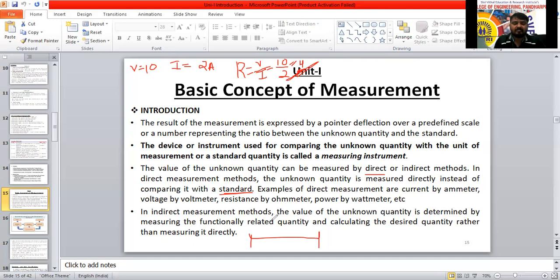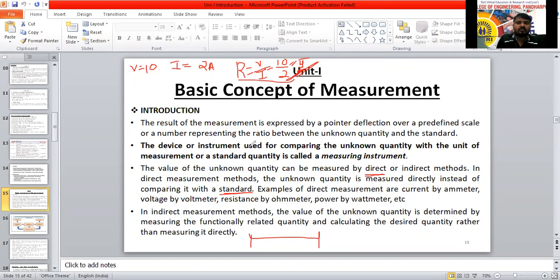But in the direct method, there is no need to compare with the standard, because for the voltage measurement we are already using a voltmeter, which gives a standard value. So in the indirect method, we have to compare with the known or standard values. So this is called the indirect method.